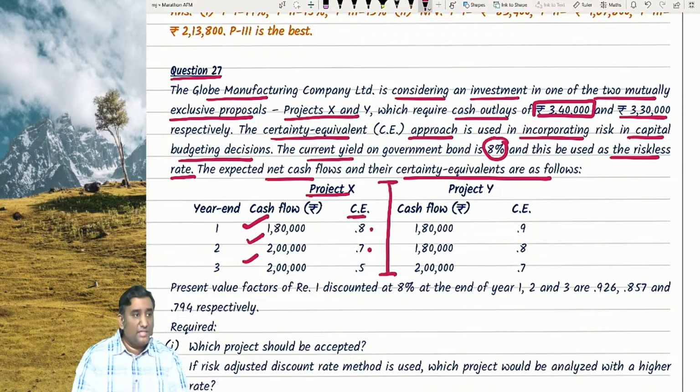If 1,80,000 is the uncertain cash flow, can I calculate my certain cash flow? How would I calculate it? Multiply. Once I get my certain cash flow, that is as good as risk-free cash flow. And if it is risk-free cash flow, I'll multiply by the risk-free rate. Is it fine?